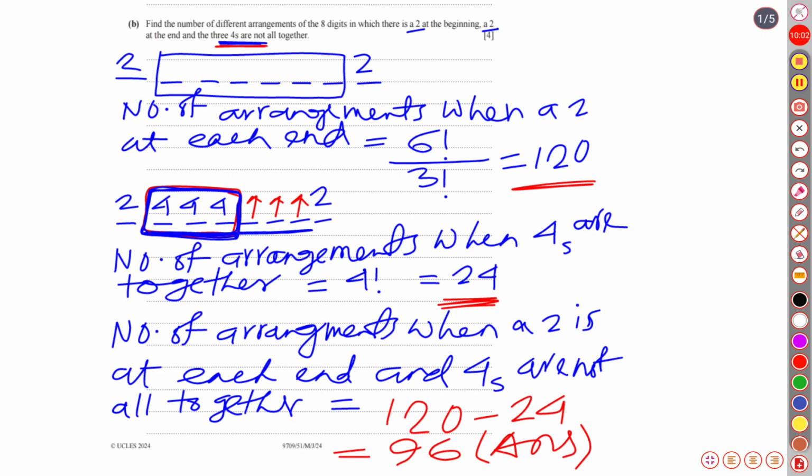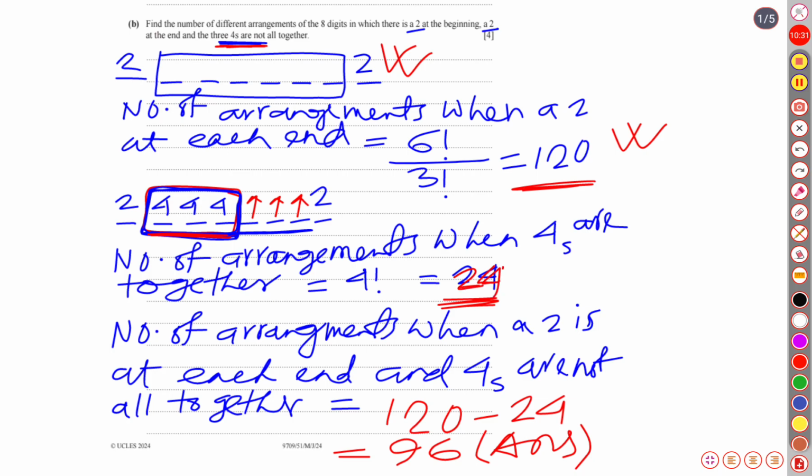First, we see if the twos are at each end. If twos are at each end, then we have 120 arrangements. Then they have told us not all fours together. If all fours are together, we got 24 as the number of arrangements.